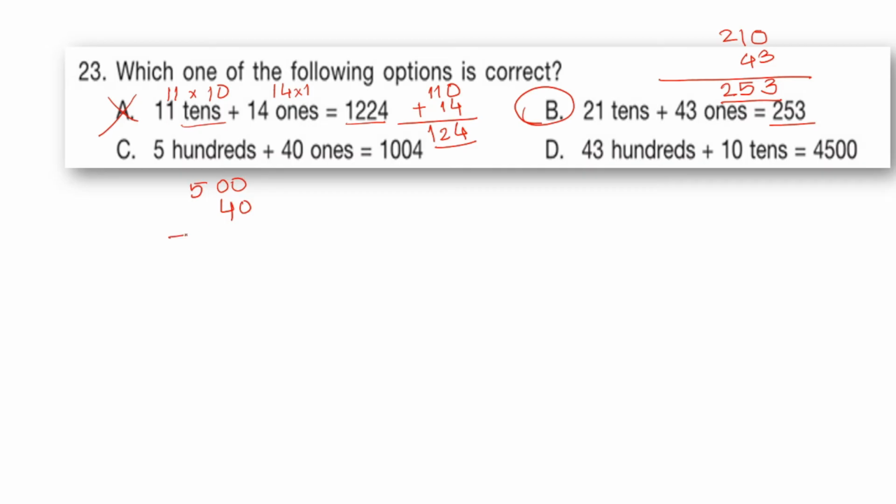So here 40. So our ones place is not 4. So we can eliminate this, and D is 43 hundreds plus 10 tens. That means 10 and then multiplied with another 10 which is 100, and this is 4400 which is also not the given answer. Hence we have found B to be the correct answer.